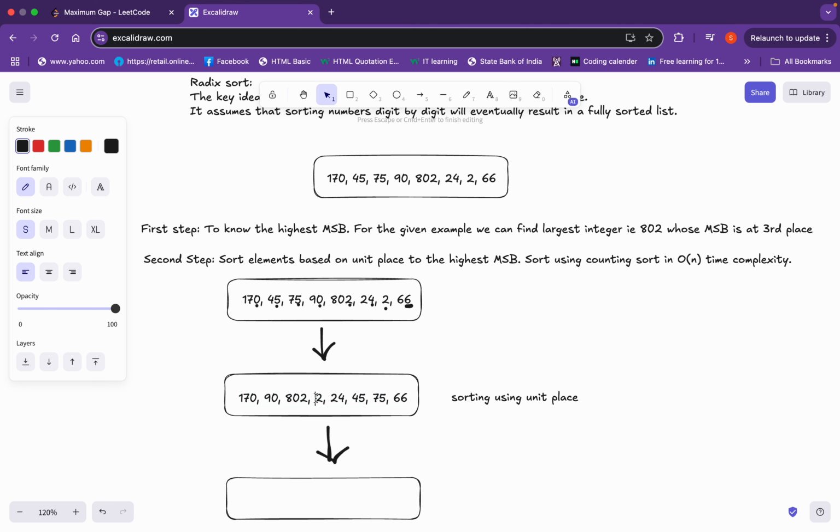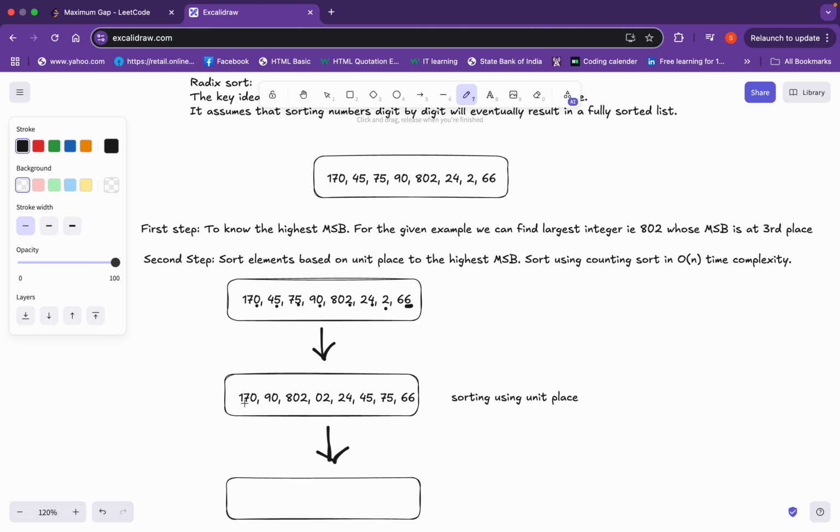We can consider 2 as 02, for ease of understanding. 7 is the tens place, 9 is the tens place, 0 is the tens place for this number. So on: 0, 2, 4, 7, 6.